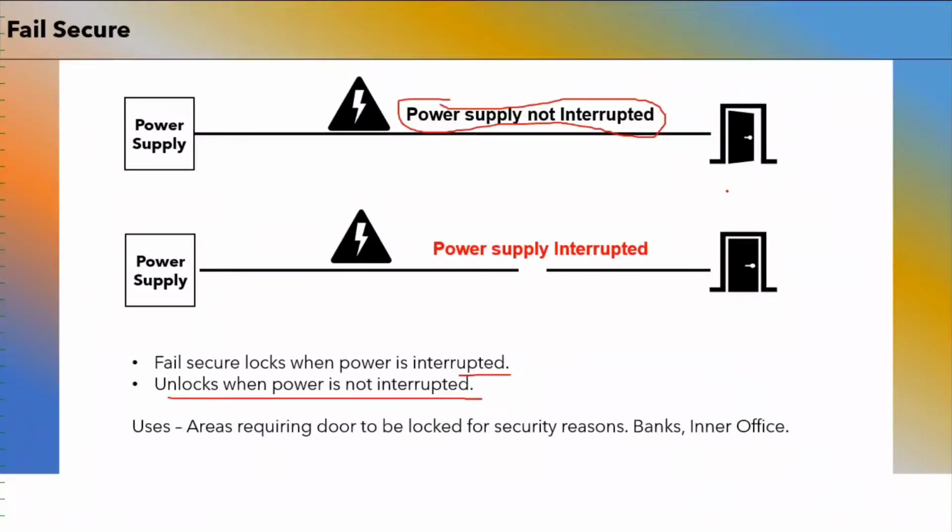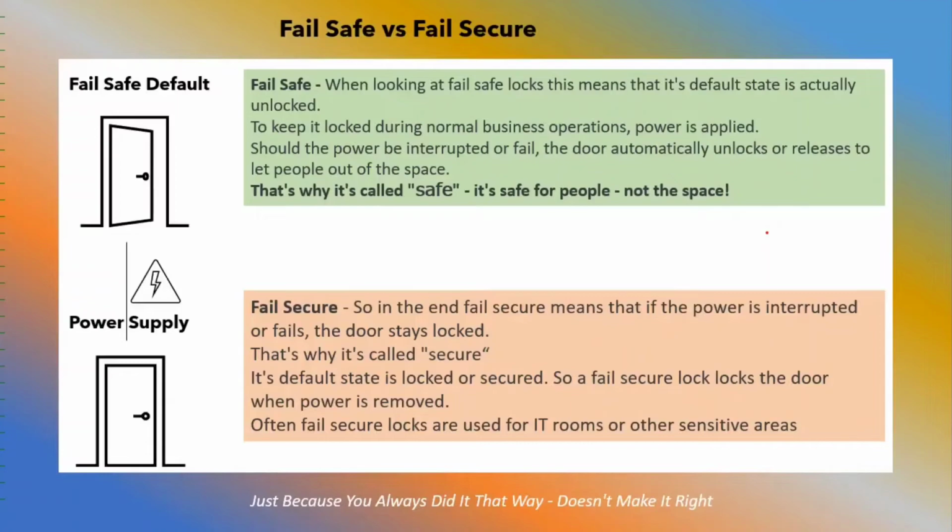But as soon as power is interrupted, whenever there is a power failure, a fire situation or any emergency scenario, the gate gets locked. So this is widely used in areas which require the door to be locked for security reasons in case of emergency, such as offices, server rooms or banks.